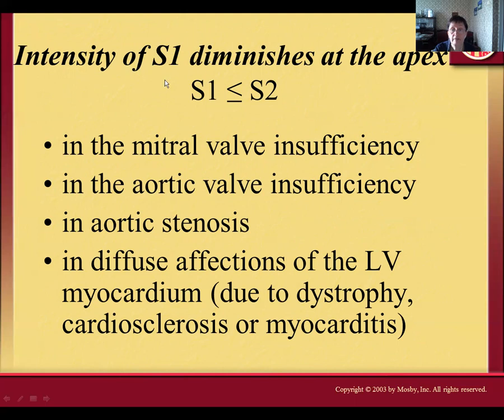Intensity of S1 diminishes at the apex. So at the apex we hear that S1 is less than S2. Do you remember that in norm S1 should be louder than S2 at this point, but we hear that it is not louder or even smaller. It may be in such causes.